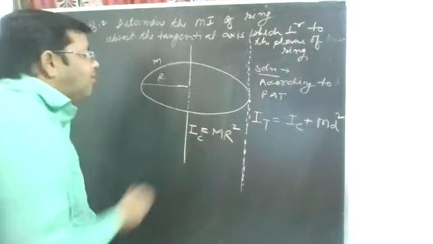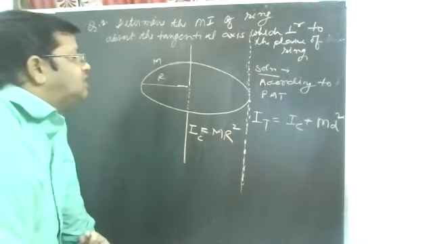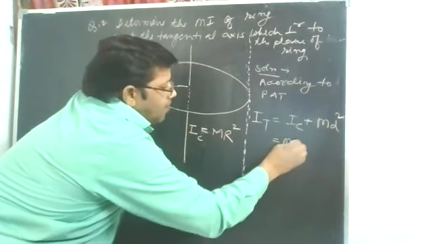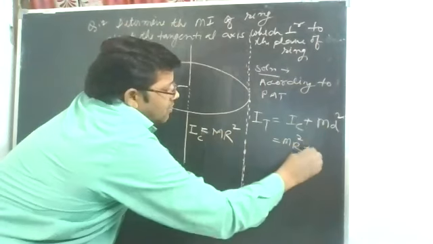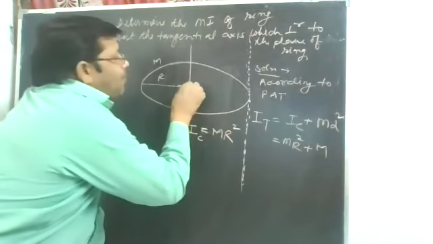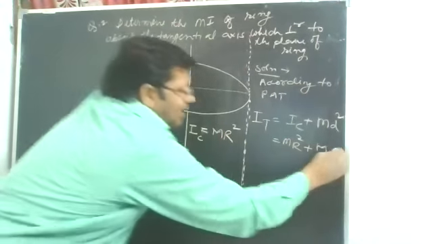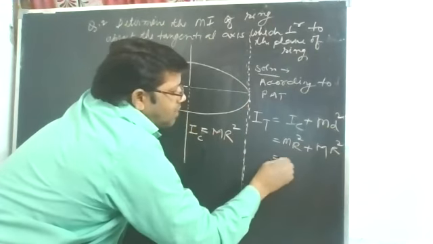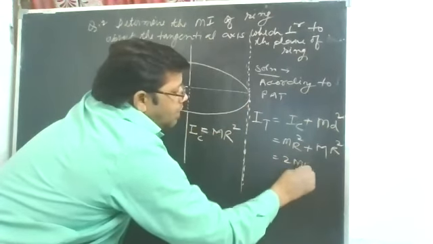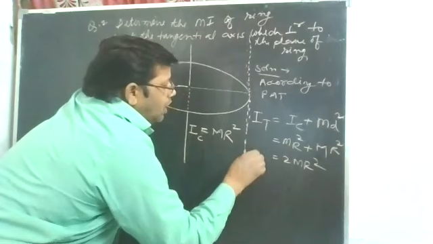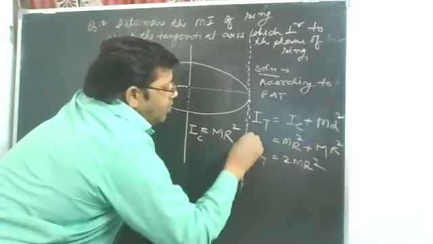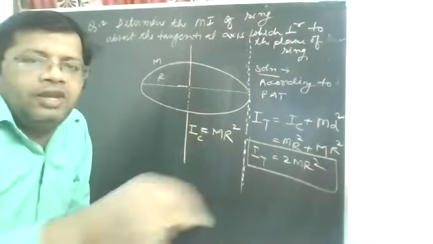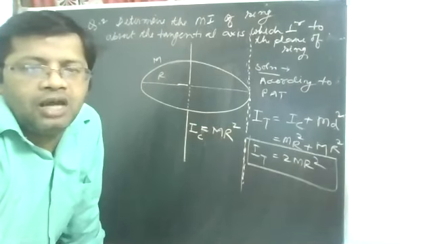The moment of inertia about the axis through its center and perpendicular to its plane is mr square, plus the mass m and the perpendicular distance r, so r square. mr square plus mr square is 2 mr square. So in this case, the moment of inertia will be 2 mr square.